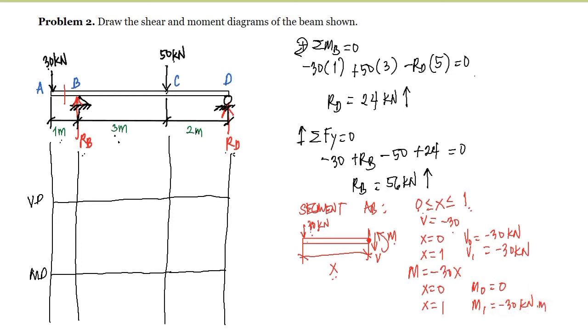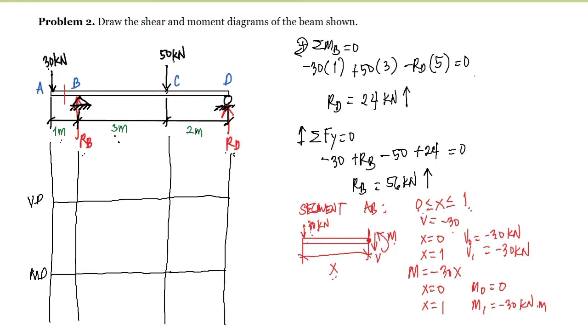So we will be doing the drawing of the shear and moment diagrams simultaneously with our computation. So out of these answers, ay mas sketch na natin yung shear and moment diagram for the segment AB only. So at x is equal to 0, the shear is negative 30.